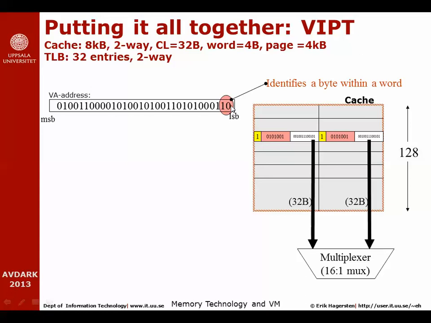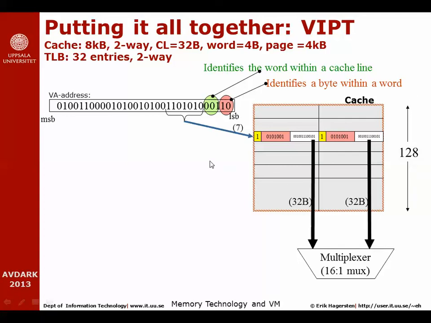So putting the design together here, we throw away the two least significant bits because they identify a byte within a word, so word size 4 bytes. We have the next 3 bits that are going to drive this multiplexer. And the next 7 bits we're going to use to index into the cache because it has 128 entries.